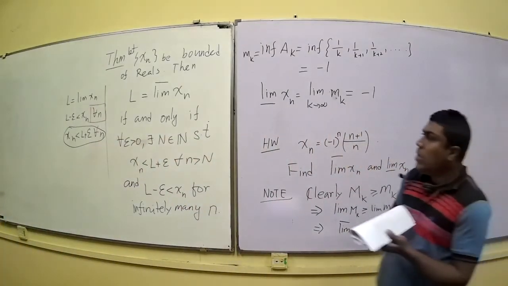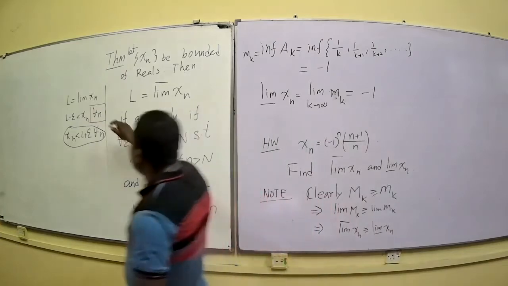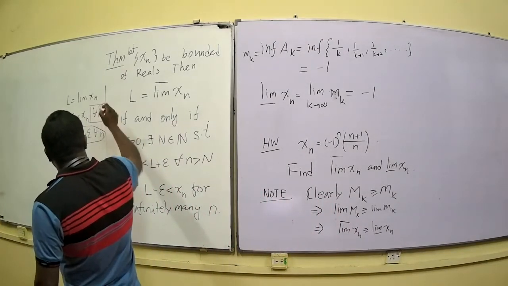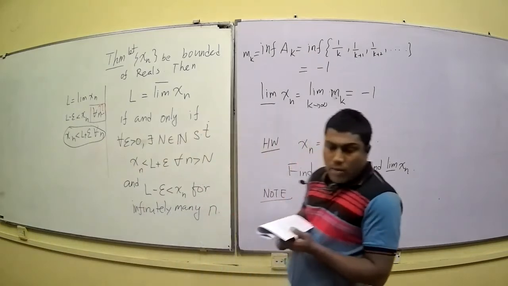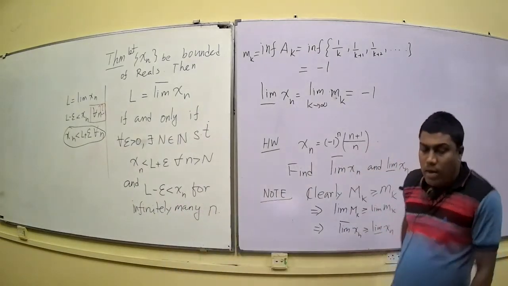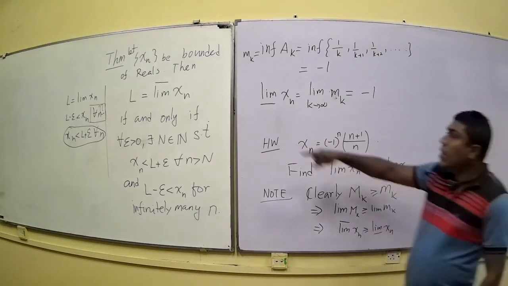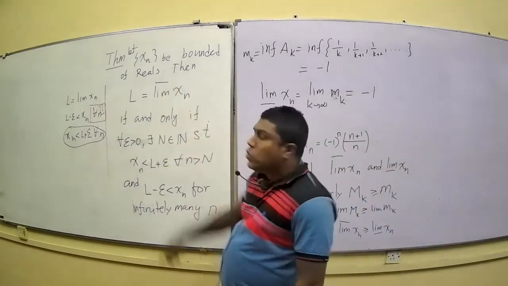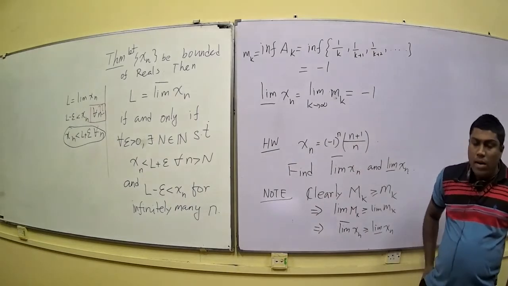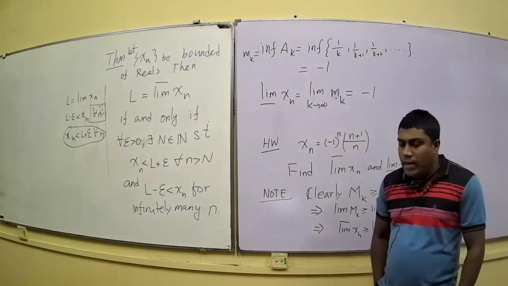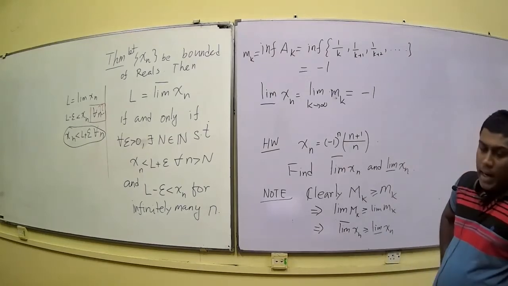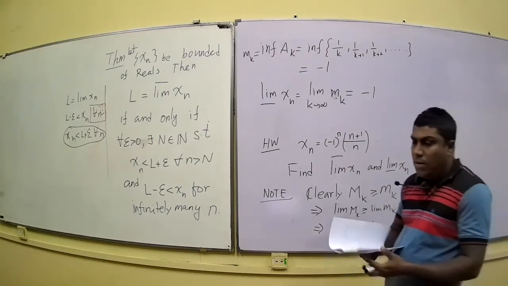When this for all n part becomes a question mark for L minus epsilon, only then does the concept of supremum, lim sup, come in. Similarly, you can develop a result for lim inf as well. That is a similar kind of result, but this is a characterization of the lim sup.